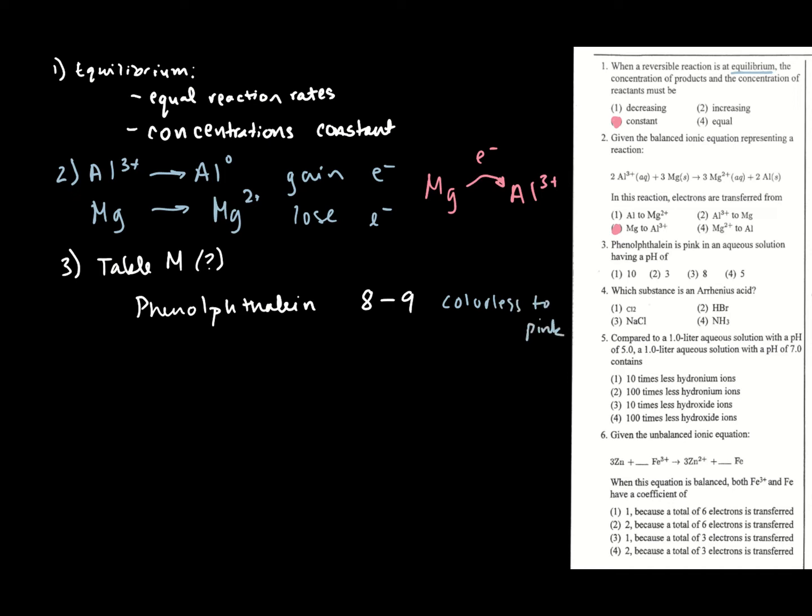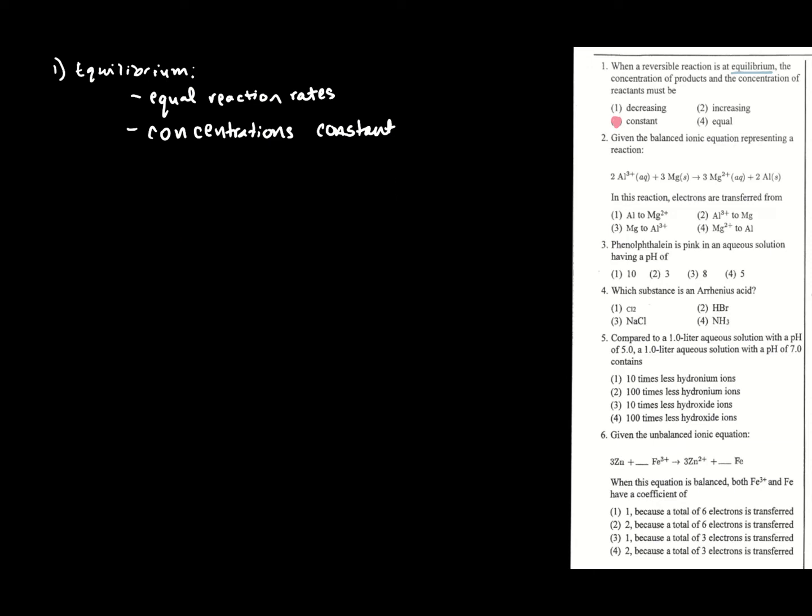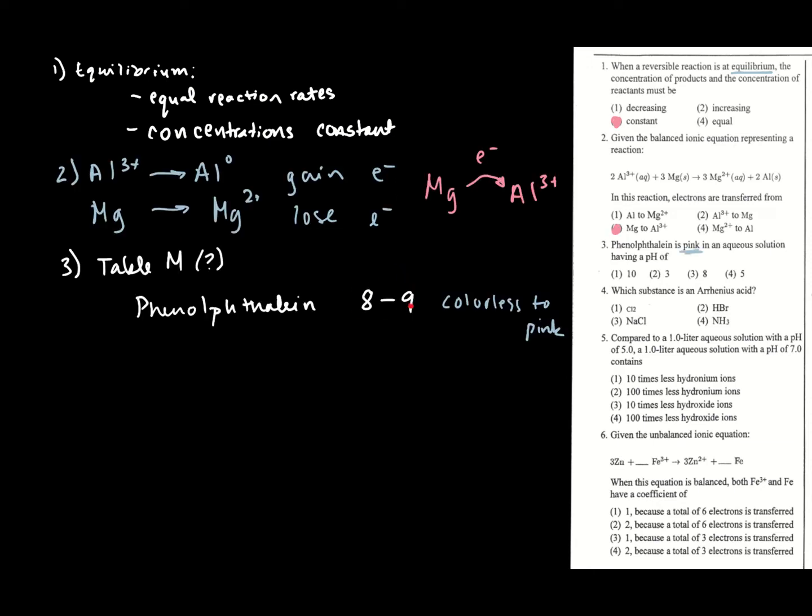So we're looking where phenolphthalein is pink. When it's pink, it's above the pH range. So it starts colorless below, and then once it hits somewhere in the middle of this range, above 9, it's going to be pink for sure. So in that case, we're looking for a number that's above 9, and that is choice 1, 10.